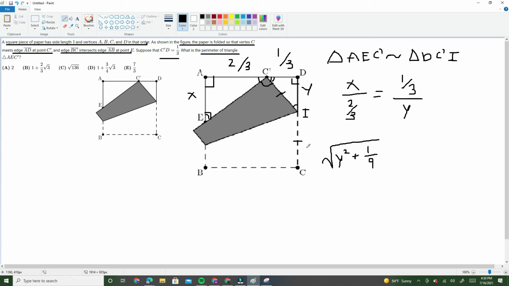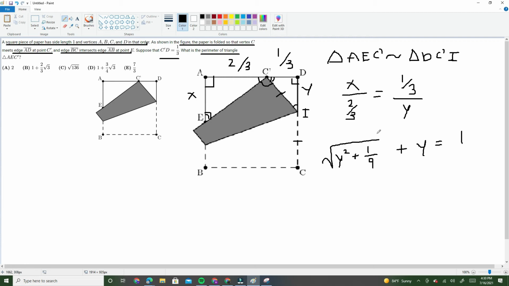So just using that logic, we can compute that C prime I is just this value. And since C prime I is the same as CI, we can see that this value, the root y squared plus 1/9 plus y, has to equal the original side length of the square, which is 1.